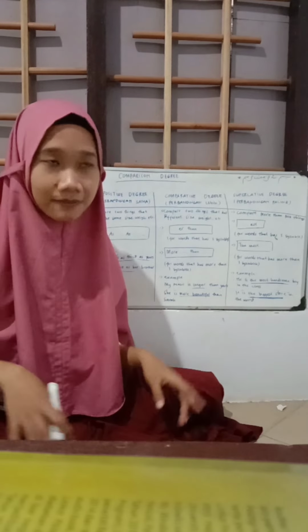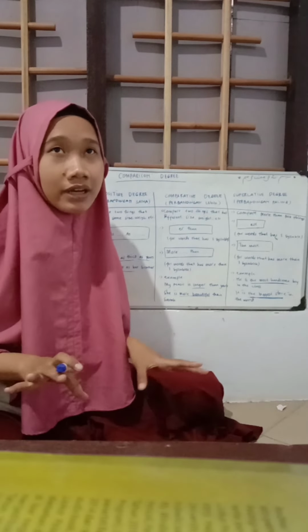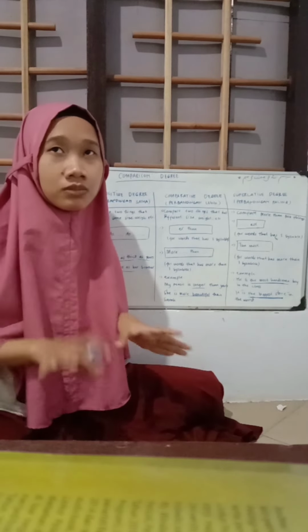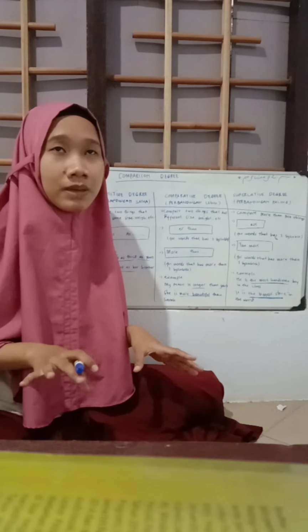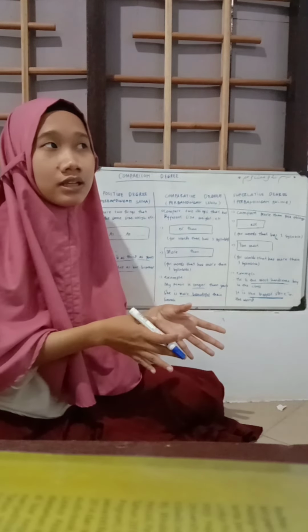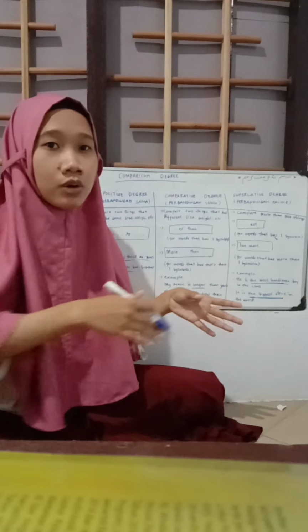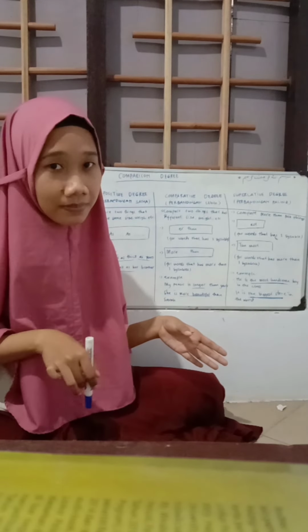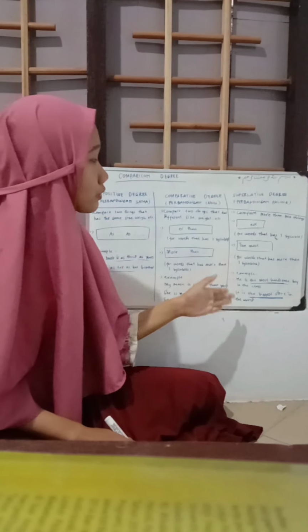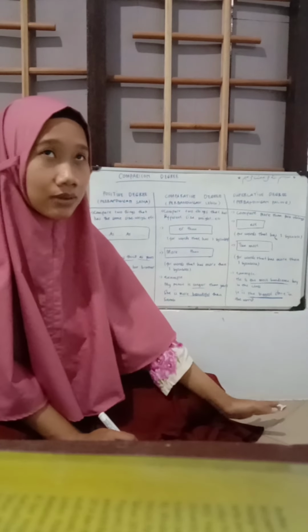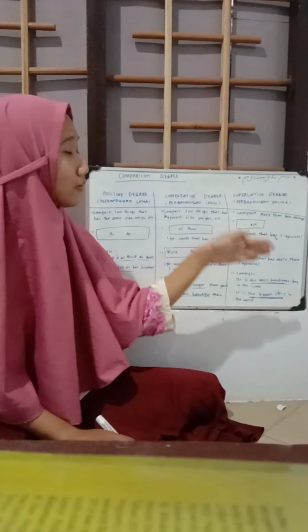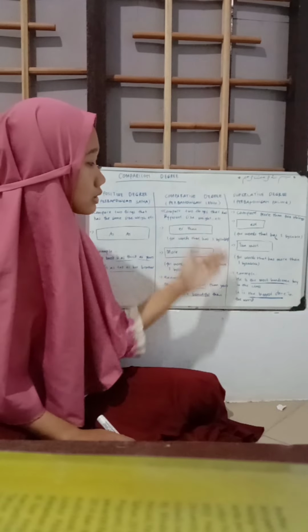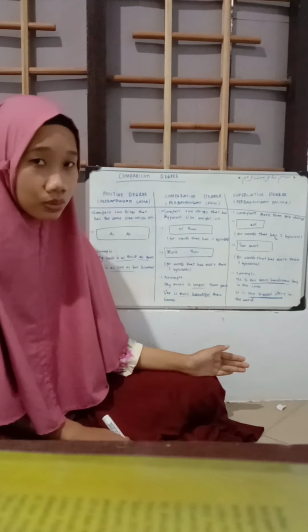For example, maybe you compare a girl, the beauty of a girl, with all the girls in the class. So superlative degrees compare more than two things. And how does it work? The superlative degree also has two patterns.